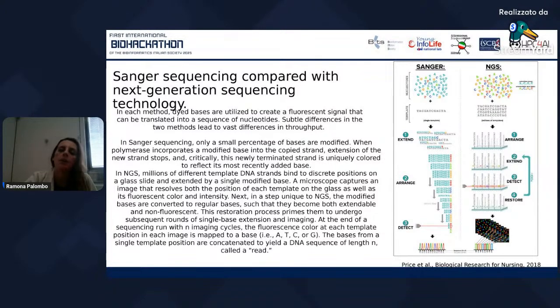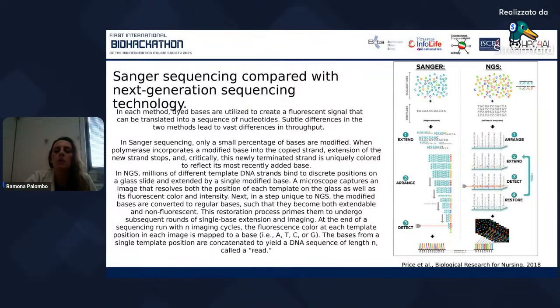Instead, with the NGS techniques, we have a mixture of nucleotides with fluorescent dye, but in this case we bind the template to a surface, and then the extension is made by PCR, like in Sanger.